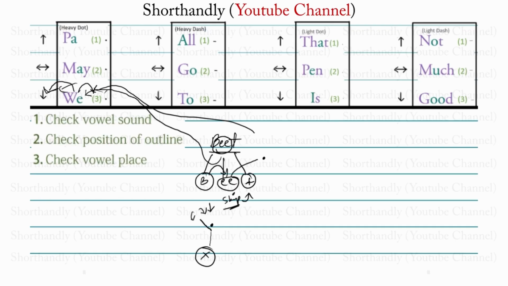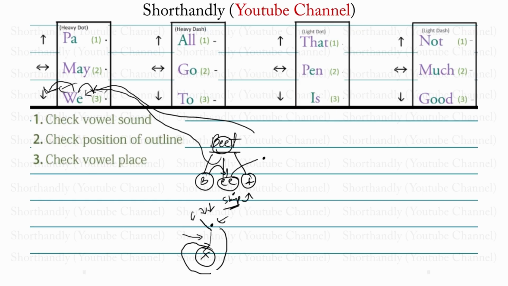Whenever you have to put the vowel on the third place, and any other stroke or any other curve has to be added, then that vowel will be transferred to that next stroke or next curve. So which means that we had this vowel on the third place. So instead of putting it over here, we will simply transfer it over here, because we had this extra stroke over here.